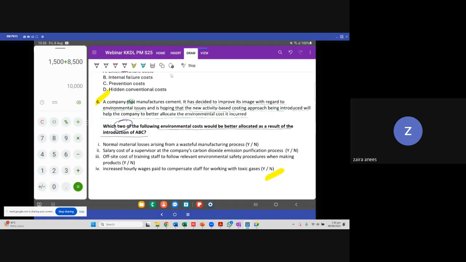Normal material losses arising from wasteful manufacturing process, salary cost of supervisor at the company's carbon dioxide emission purification process, off-site cost of training staff to follow relevant environmental safety procedures when making products, increase hourly wages paid to compensate staff for working with toxic gases.